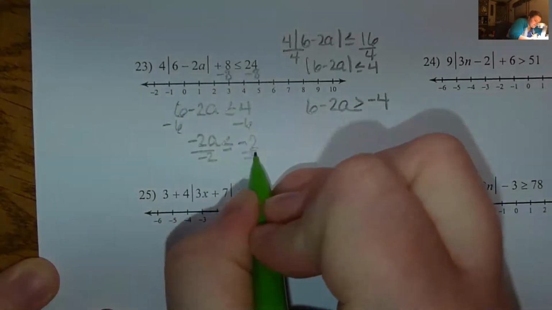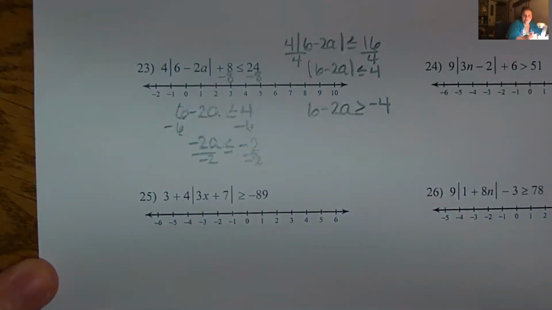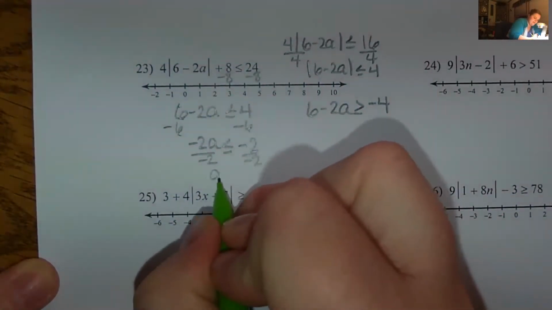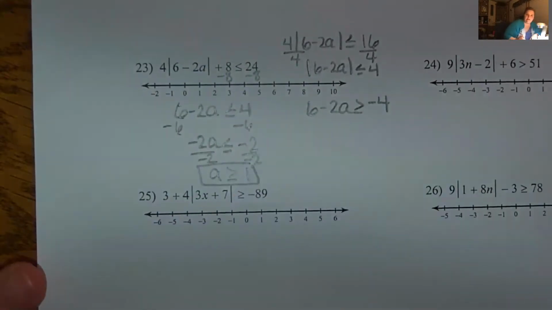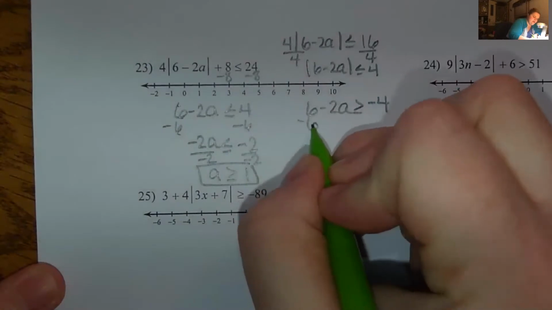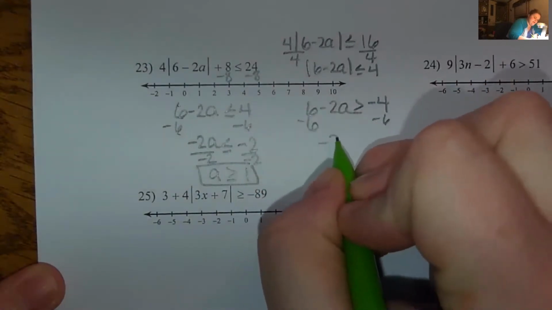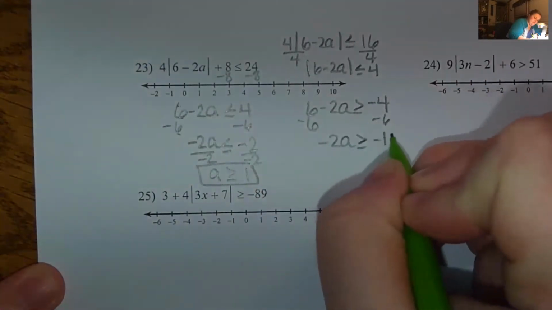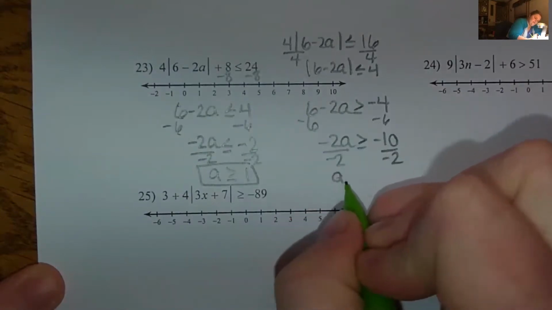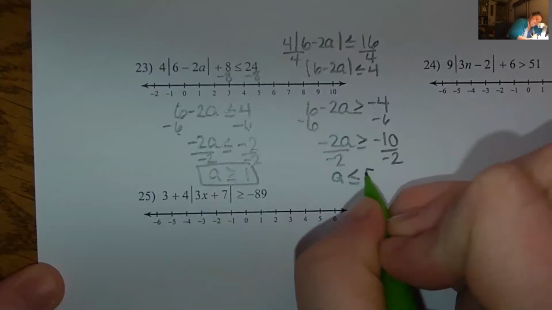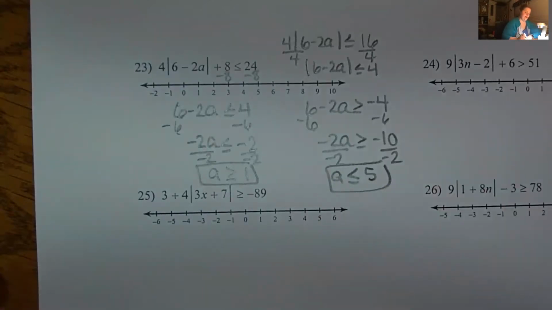If I'm dividing by a negative, what do I need to remember? I have to flip my sign, so I have a is greater than or equal to 1. It's one of my answers. Subtract that 6. So I have -2a is greater than or equal to -10. Oh, I'm dividing by a negative again. I need to remember to flip my sign again. And I have a is less than or equal to 5.